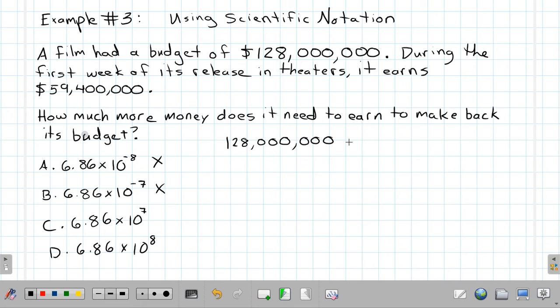That means they need to make $128 million before they even begin to, and it's a term that they use in the business, break even. So that means when they can actually start making money on the movie. Well, so if they start off with that and they made $59,400,000, well, we can take that and subtract those 2 numbers.